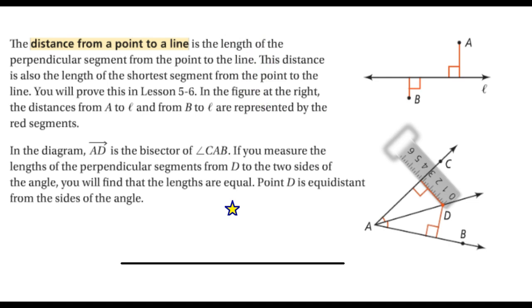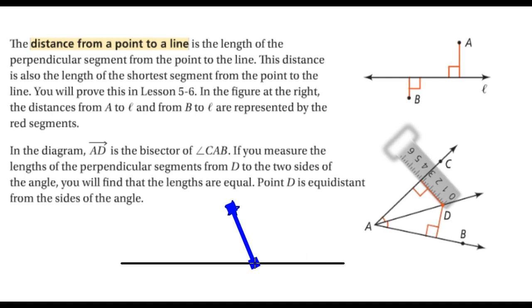Well, that's kind of hard to do because some students might come up and say, well, the distance from this point to the line, and they might measure it like this. But then another student might come up with their measuring tape and measure from here to here. Obviously, the student that measured it right here is going to get a longer length than right here.